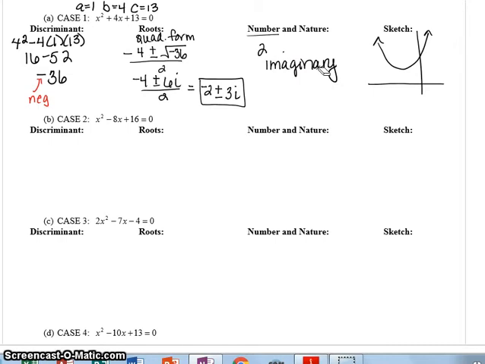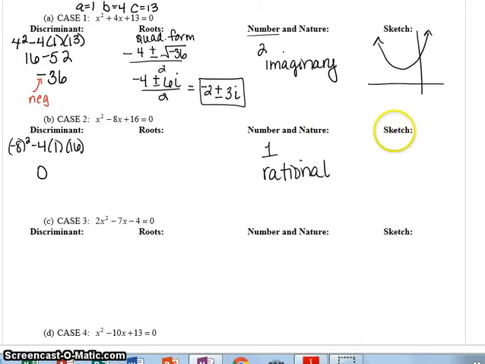Case 2, okay, the discriminant. So you're going to do negative 8 in parentheses squared minus 4 times my a times my c, and you get that your discriminant is 0. Okay? Anytime the discriminant is 0, if you were to graph this, there's 1 rational root.